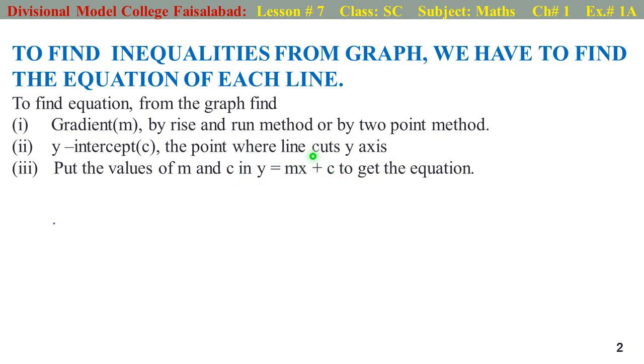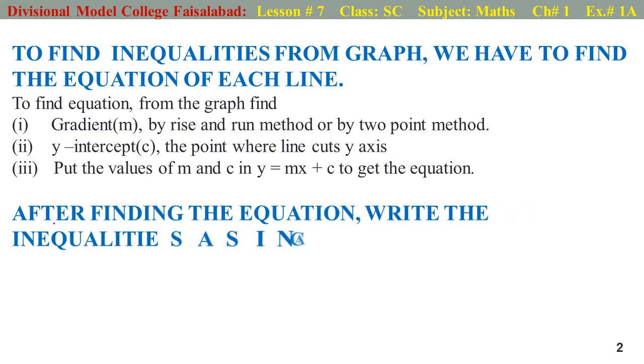Once the equation of the line is obtained, we can find the inequality by replacing the sign of equality with the sign of inequality, as we did in the last lesson.